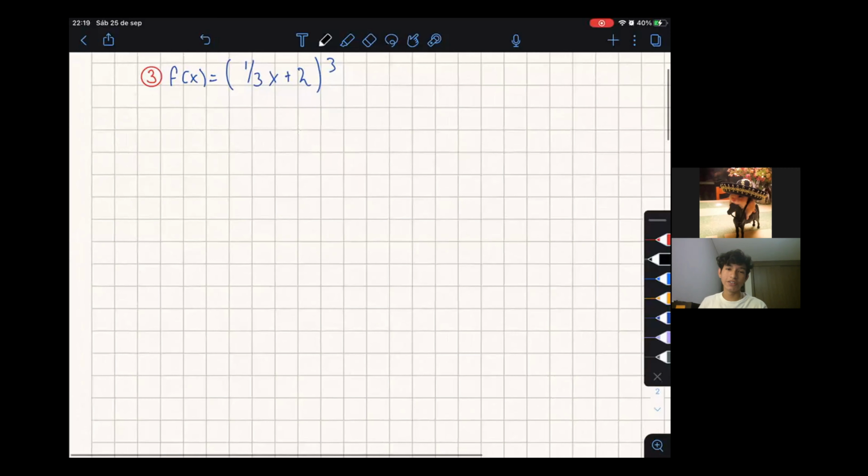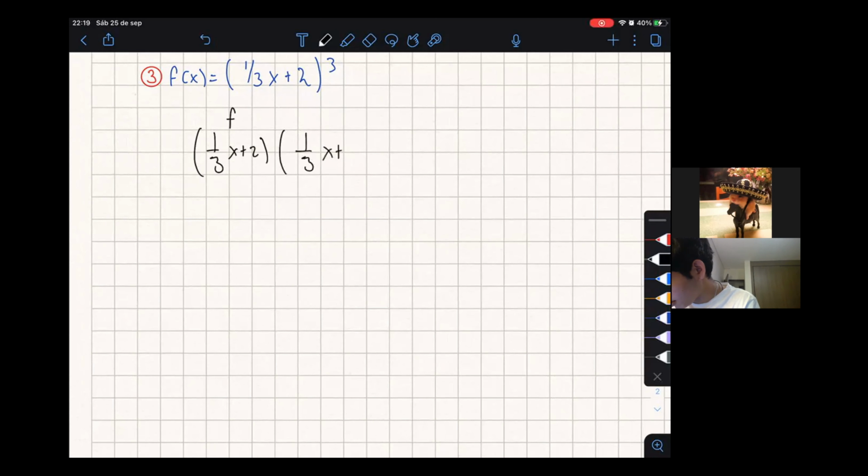So for the last function, I will use the product rule, and for this, I will divide the equation in 2, where 1 over 3x plus 2 will be my f, and 1 over 3x plus 2 raised to the 2 will be my g.